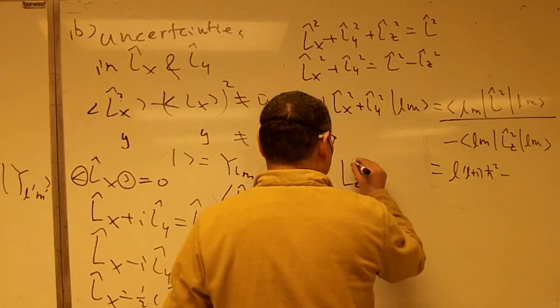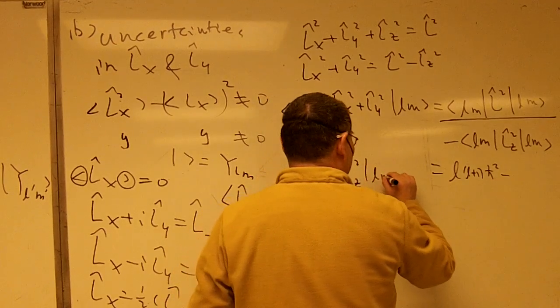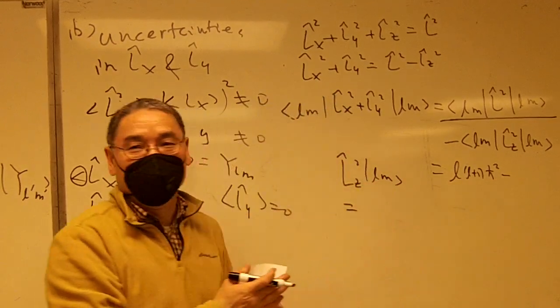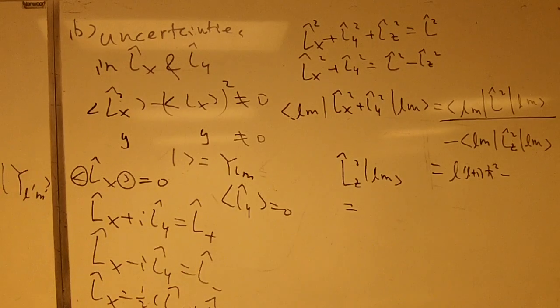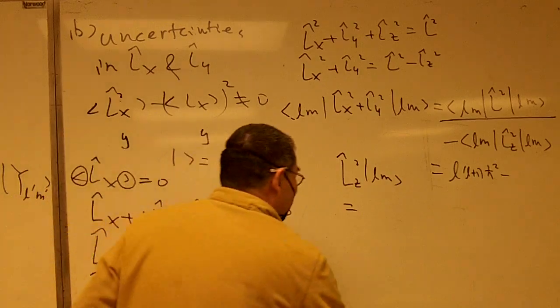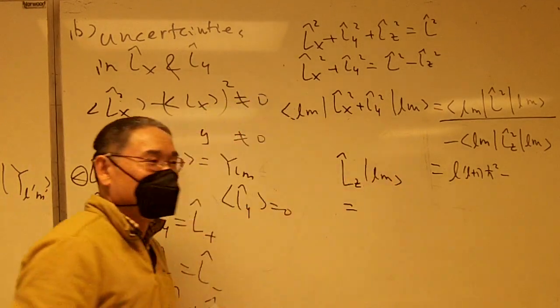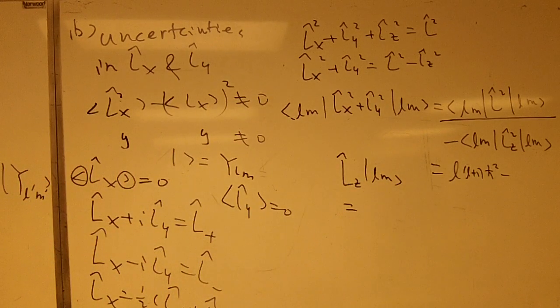I want you to know how large this one is going to be, the eigenfunction of Lz, how large that will be. It's also on the board, by the way.